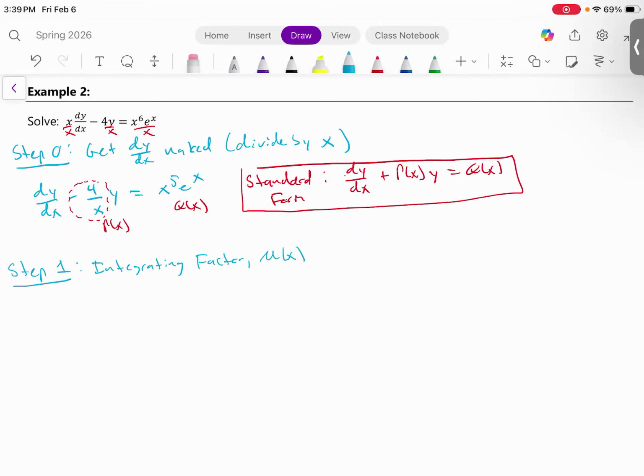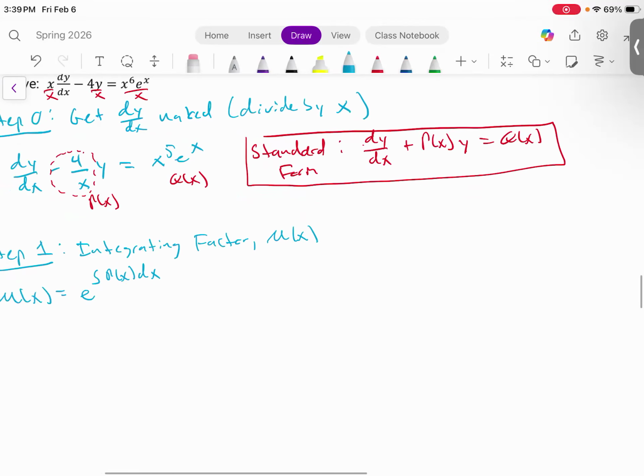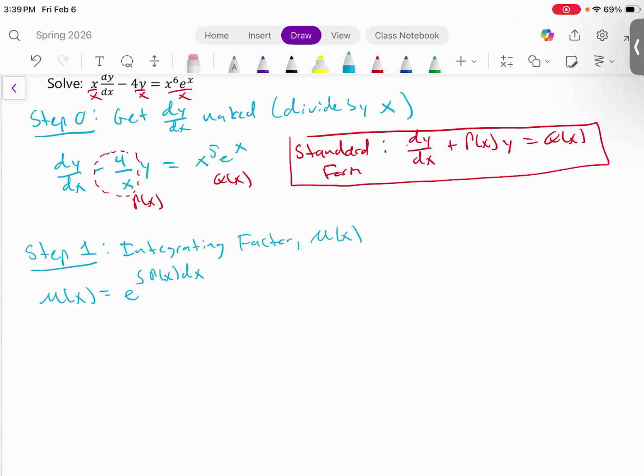Okay, so remember, mu is calculated by e raised to the integral of p dx. So this means that our e will be raised to the integral of negative 4 over x dx.